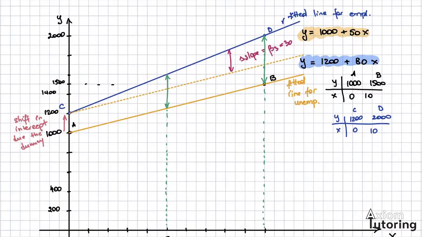It's very easy to misinterpret this and to think that that specific distance is the 30. So when students see the two lines on the graph, they look at the vertical distance between them and they might say that the distance everywhere is beta 3, 30. Now, that is wrong, because the vertical distance between the lines is not exactly the beta 3.